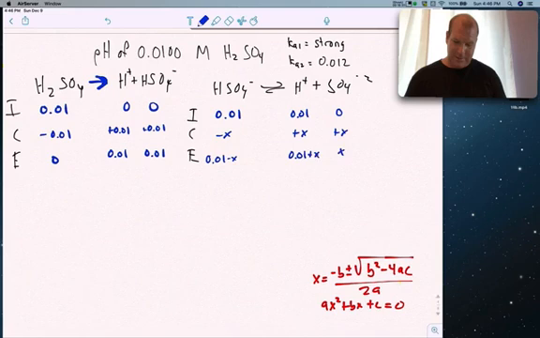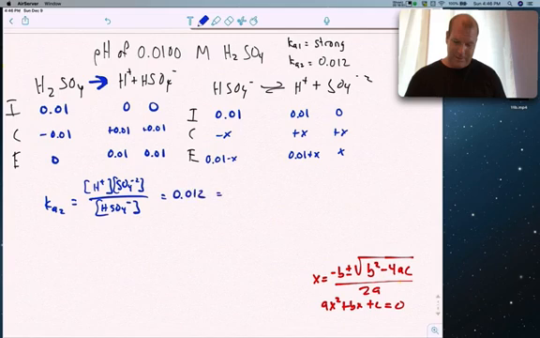So that means our Ka2 is equal to H plus times SO4 2 minus all over HSO4 minus, like this. This equals 0.012 equals x times 0.01 plus x all over 0.01 minus x. And guess what?